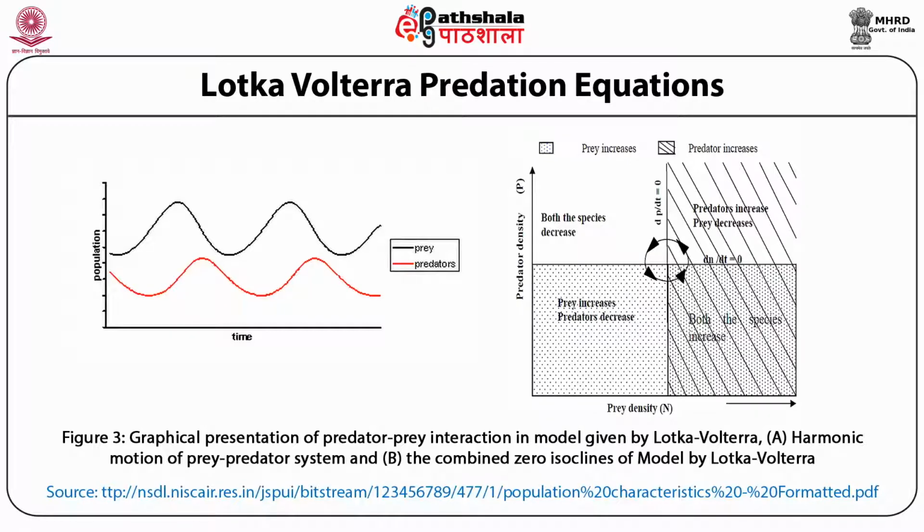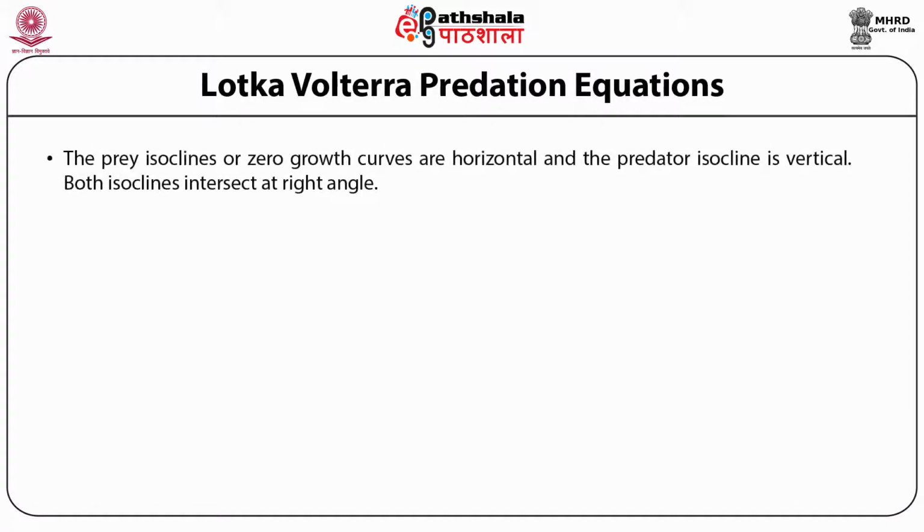A. Harmonic motion of the prey-predator system and B. the combined zero isoclines of the model by Lotka-Volterra. The prey isoclines or zero growth curves are horizontal and the predator isoclines are vertical. Both isoclines intersect at right angles.